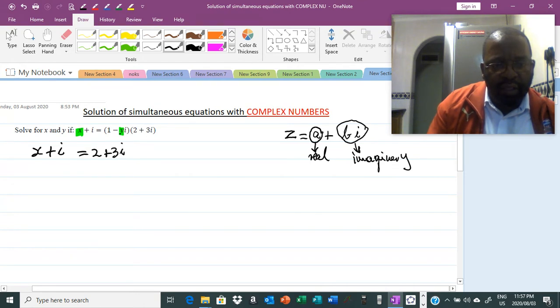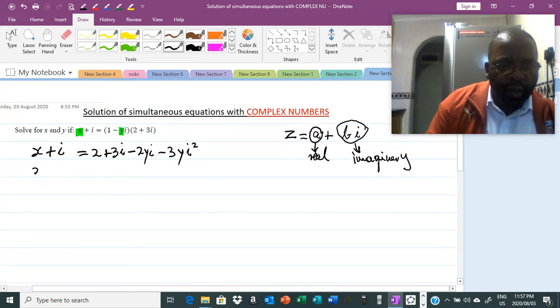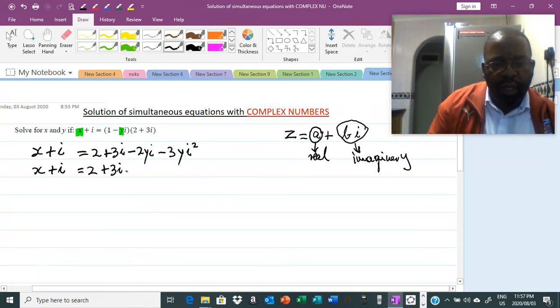And then negative yi by 2 gives us negative 2yi. And then negative yi times 3 gives us negative 3yi squared.